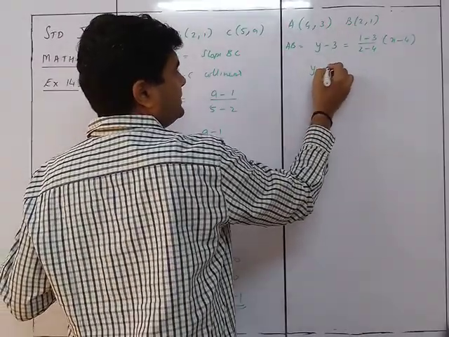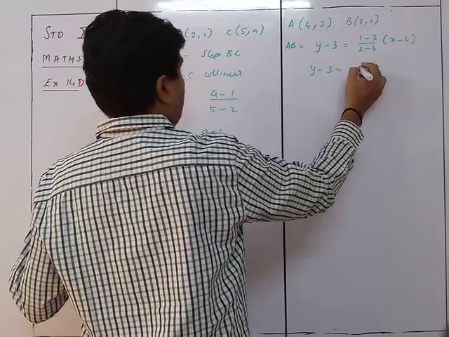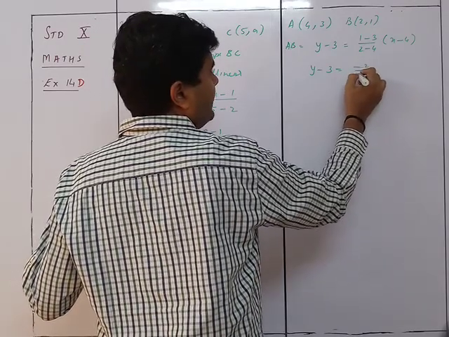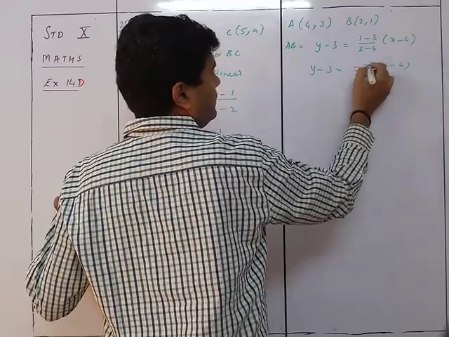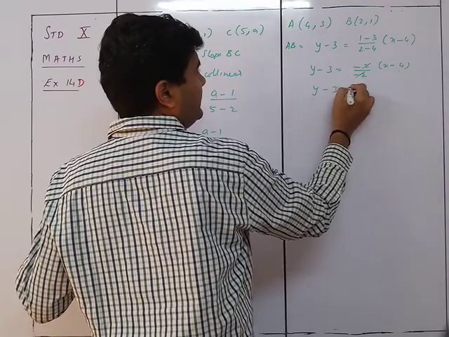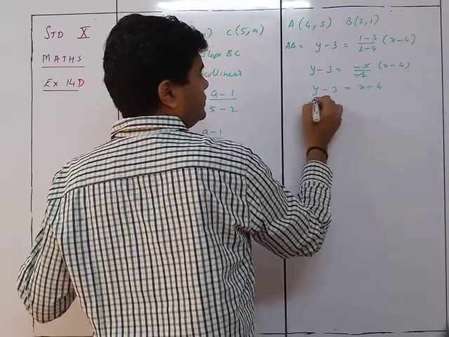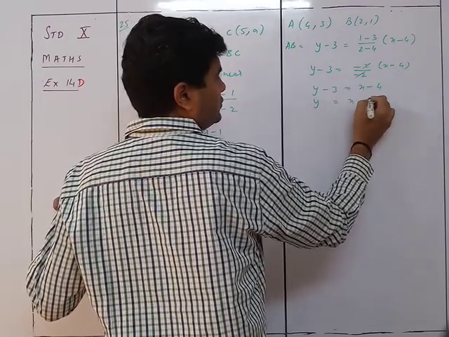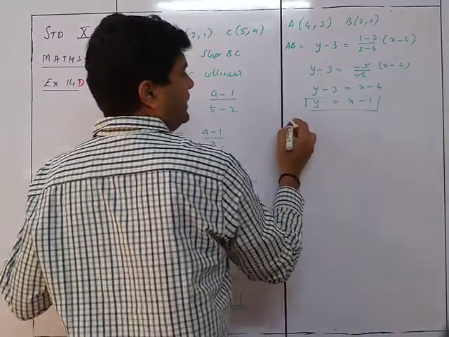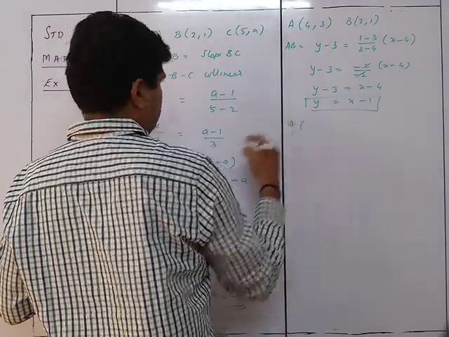So y minus 3 is equal to minus 2 upon minus 2 into x minus 4. So y minus 3 is equal to x minus 4. So y is equal to x minus 1. That's the first equation.